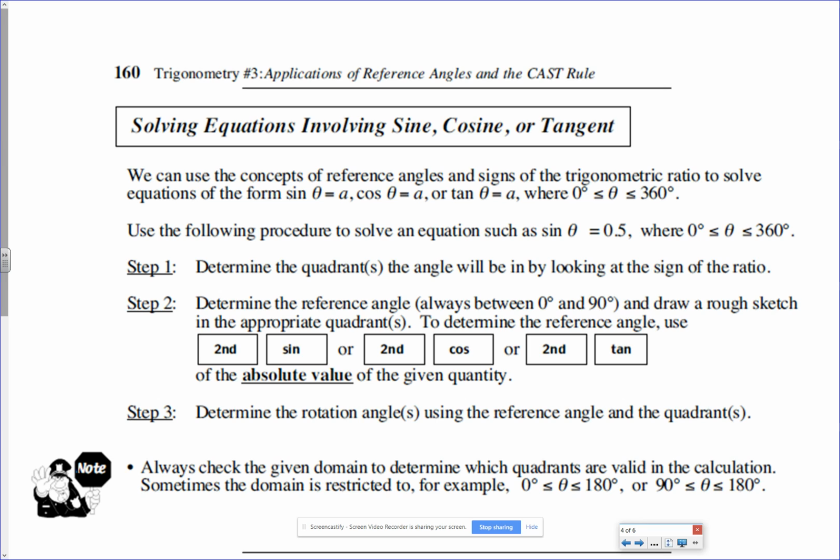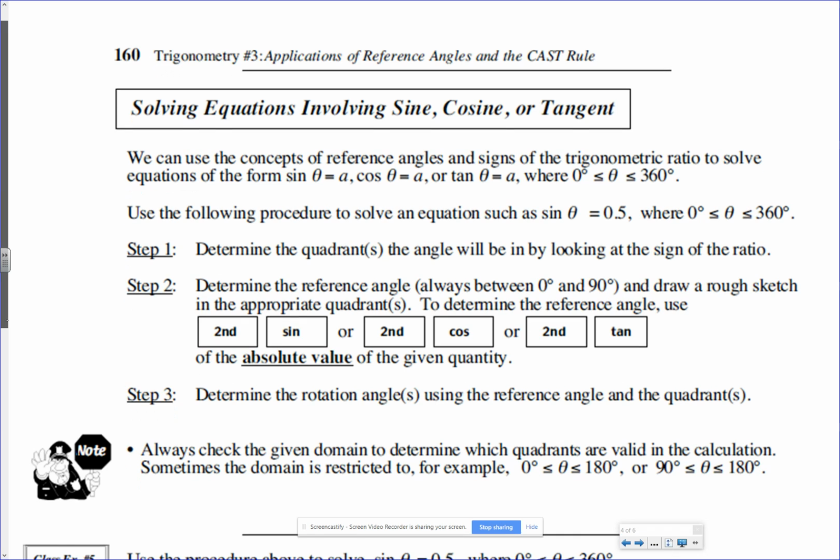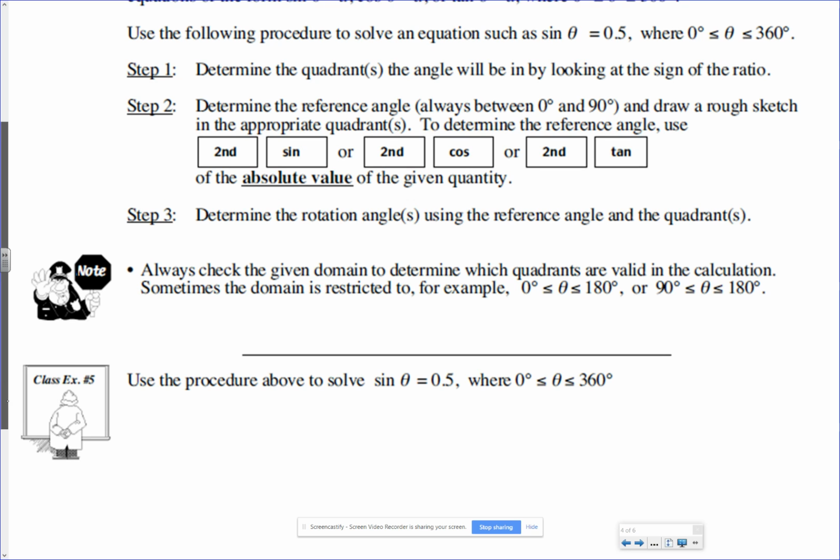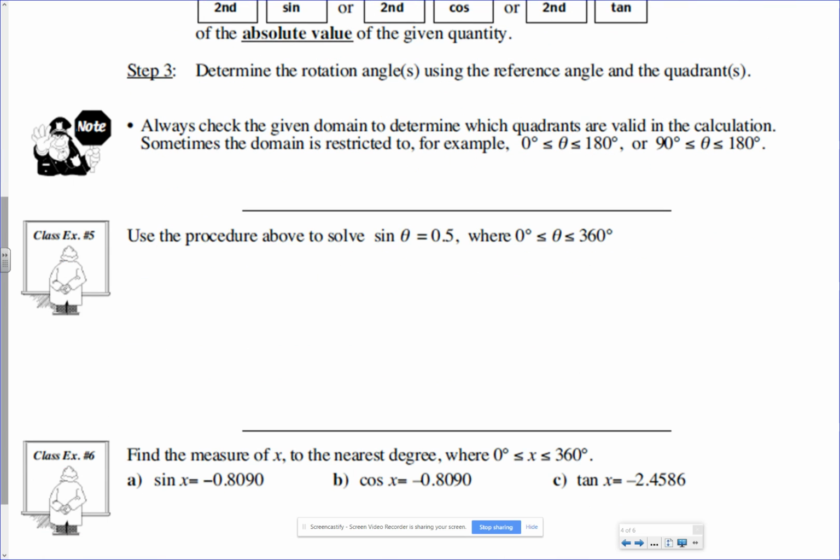So there you go. You have at the very top here, just remember trying to find an angle. So second cos, second sine, second tan will find you your angle, and that will help us with our values. Now just remember with this, because there are 2 quadrants in which sine is positive and 2 quadrants in which sine is negative, there will always be 2 answers for your angles unless they restrict the domain.